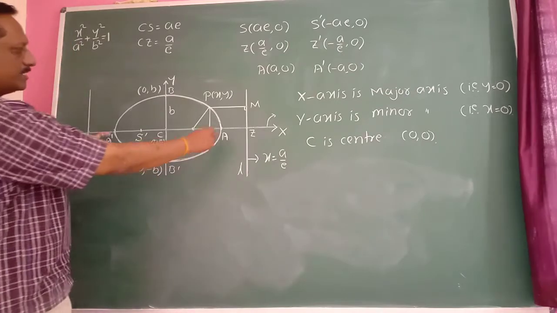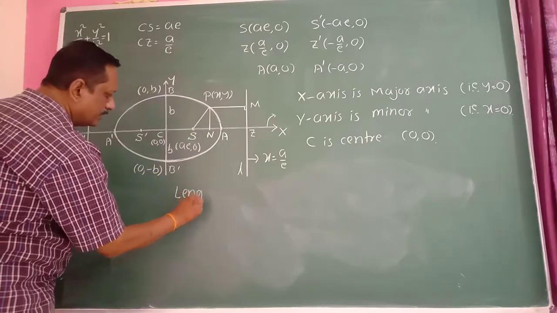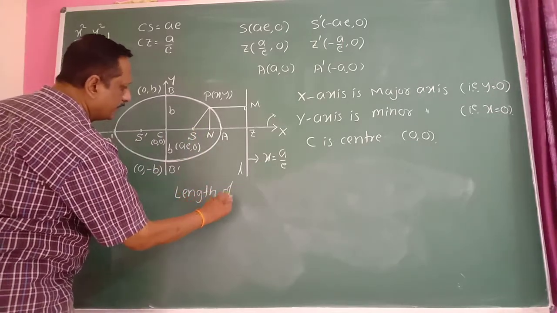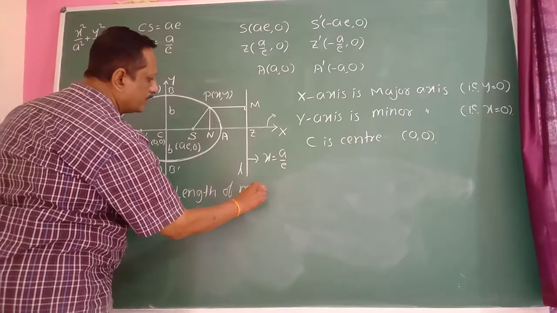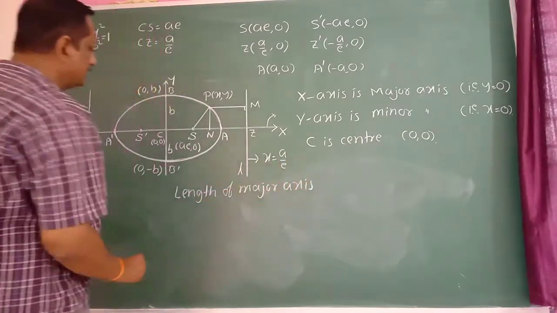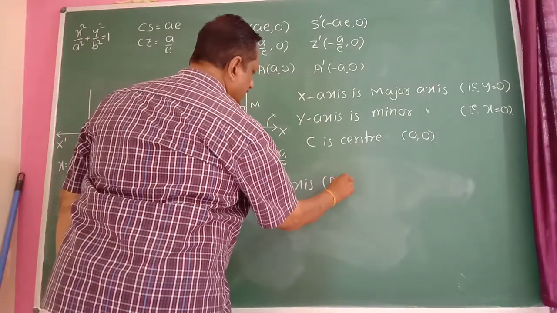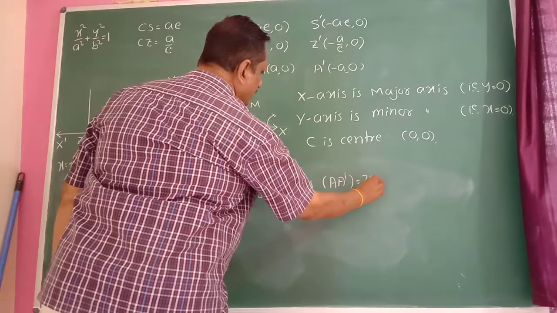Therefore, the length of the major axis, that is A A dash, is equal to 2a.